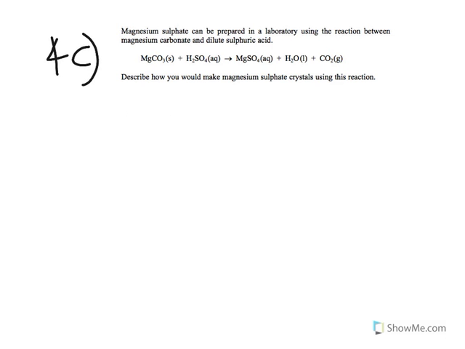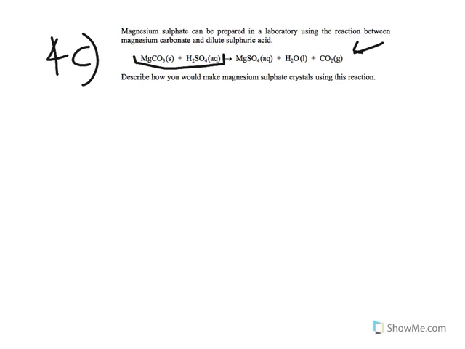Alright, question 4C is telling you that magnesium sulfate can be prepared using this reaction over here. And you have to tell them how you would make magnesium sulfate crystals using this reaction. Now this is a really commonly asked question, and it's just basically this one process which you can always use. First of all, in order for the reaction to take place, you have to first mix these two substances.